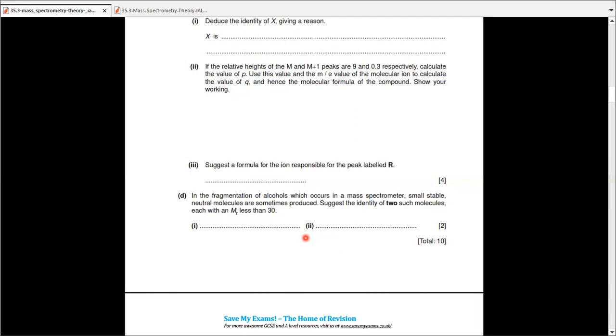Neutral means they're not going to be free radicals, they're not going to be positively charged cations, they're only going to be neutral molecules with no charge on them. So make sure whatever you're making does not have a charge on it. For example, in the previous one, the formula of the ion was C3H7, and since we separated Br, or fragmented it, it is C3H7 positive. But here we are supposed to answer with two molecules that don't have a positive or a negative charge.